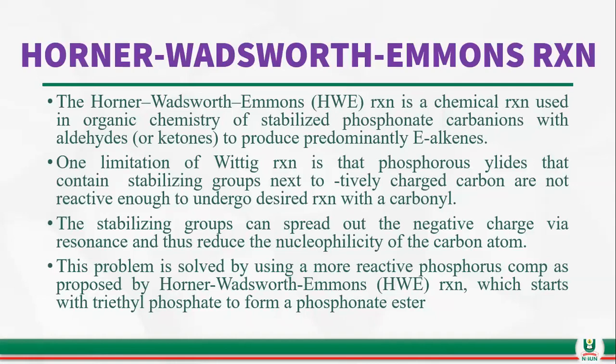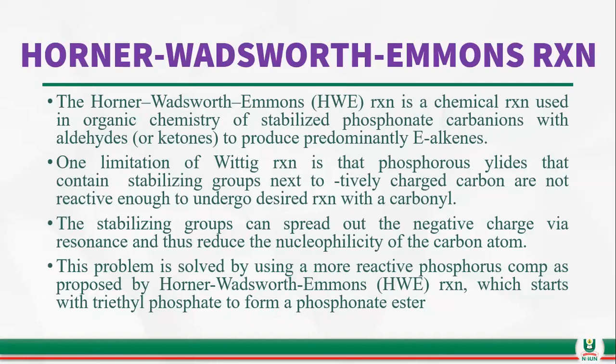One limitation of the Wittig reagent or reaction is that the phosphonium halide that contains the stabilizing group next to the negatively charged carbon is not reactive enough because of the bulky phenyl groups, three of them. They are not reactive enough to undergo the desired reaction with a carbonyl. The stabilizing group can spread out the negative charge via resonance and thus reduce the nucleophilicity of the carbon.